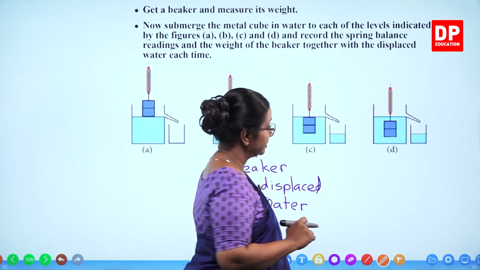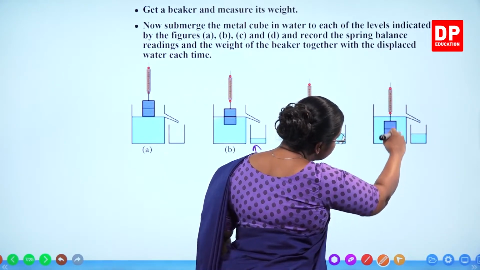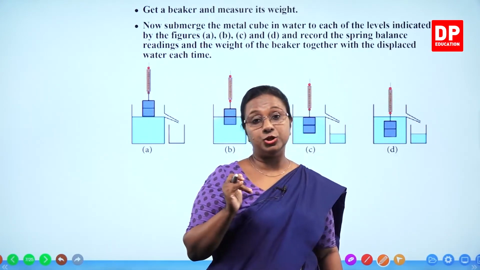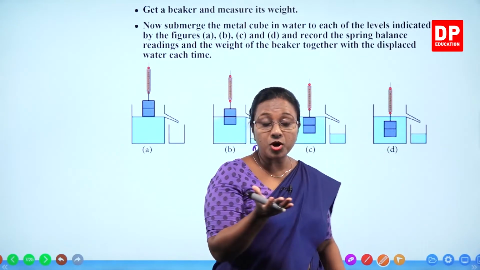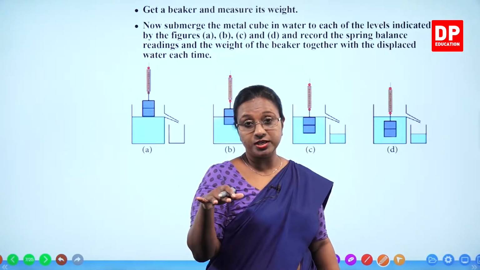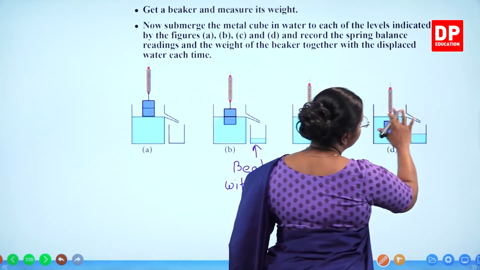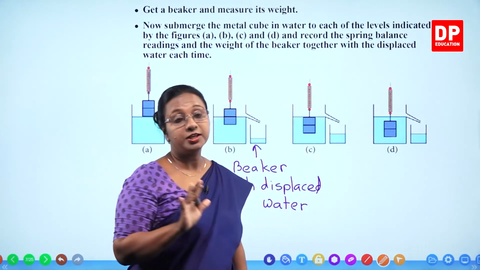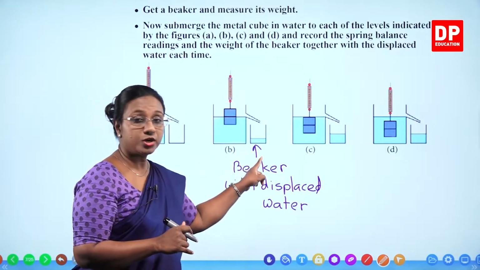Then the last instance, we immerse the object further into water. We don't touch it on the surface. We don't rest it on the bottom surface. It's below the surface of water, somewhere in the middle. There you will see there will be no additional water flowing out. In this instance, you saw water flowing out.